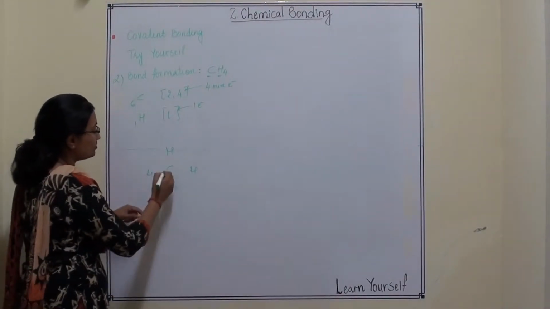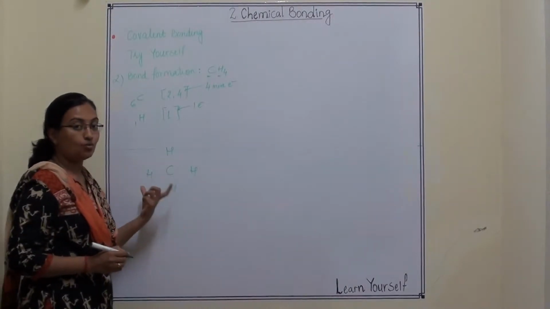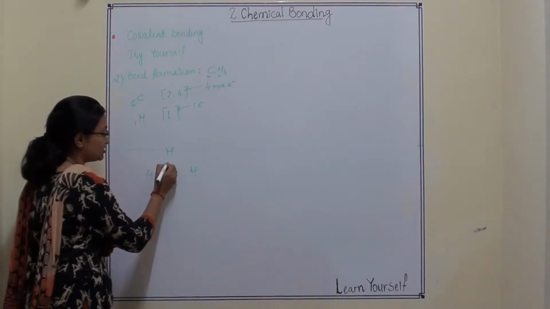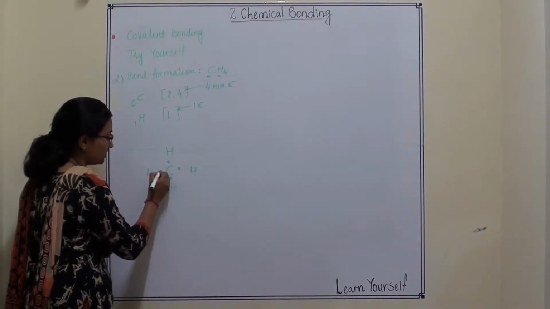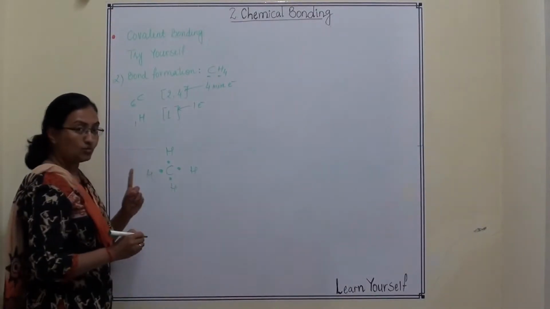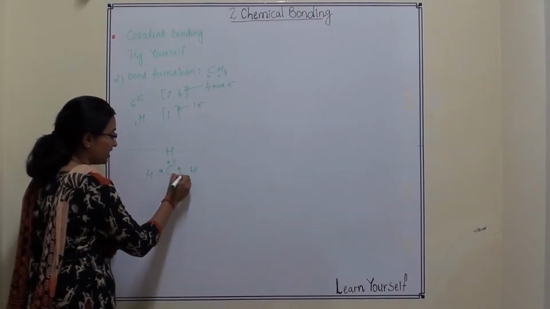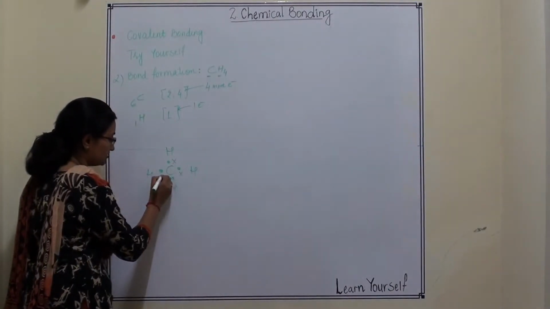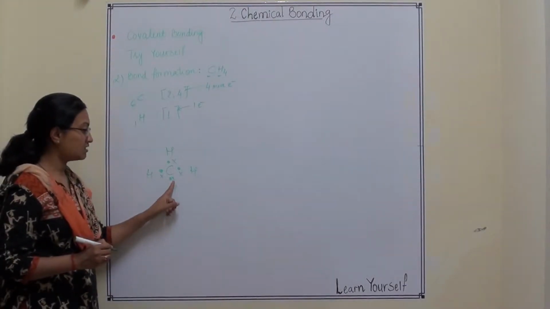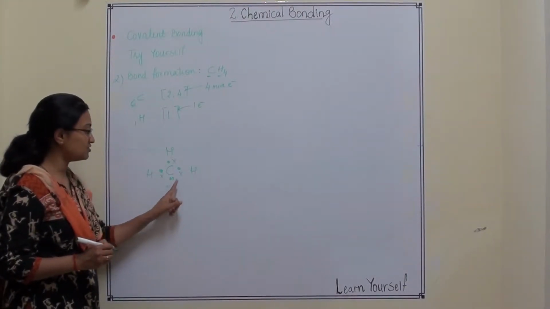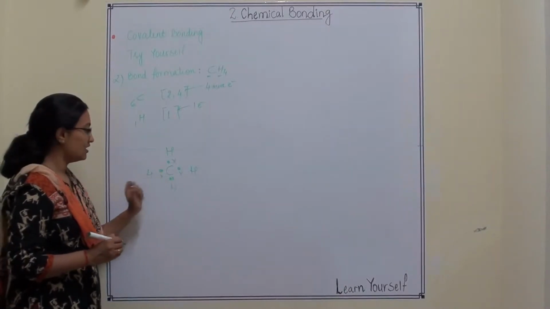So here I am writing only the valence shell electrons. One electron from carbon and one electron from hydrogen. Just to separate the electrons, I have marked cross electrons for hydrogen and dot electrons for carbon.